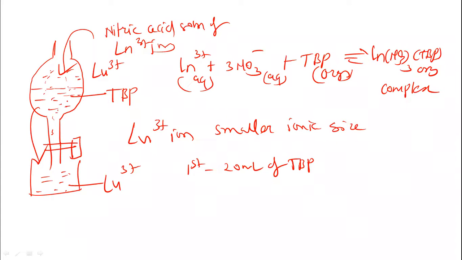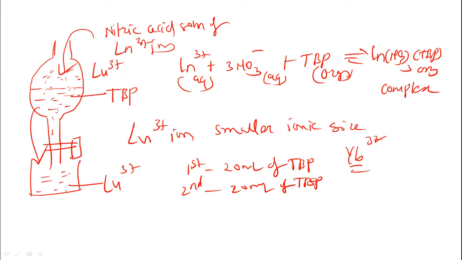Later on, we have to repeat the process. Then the second extraction. Again, we have to take 20 ml of TBP here. Then shake the solution. Now in the second step, the ytterbium tripositive ion can be separated.